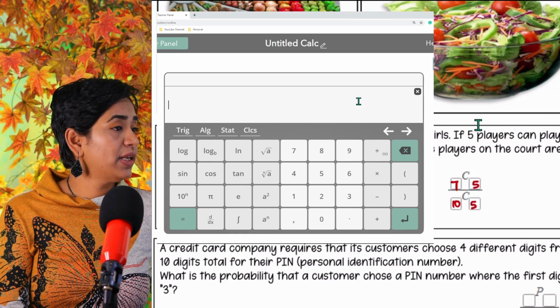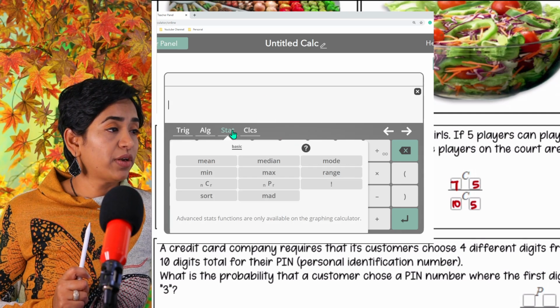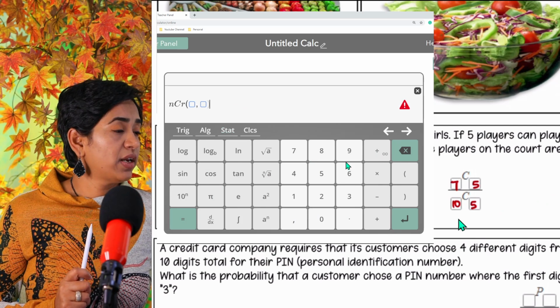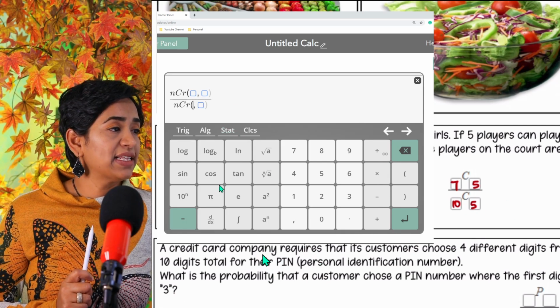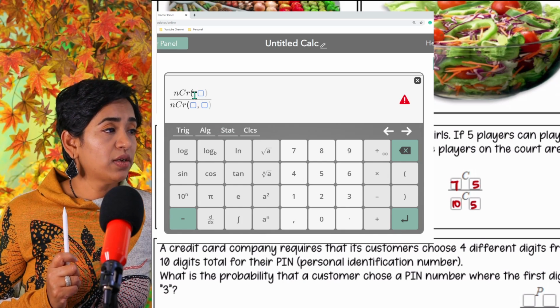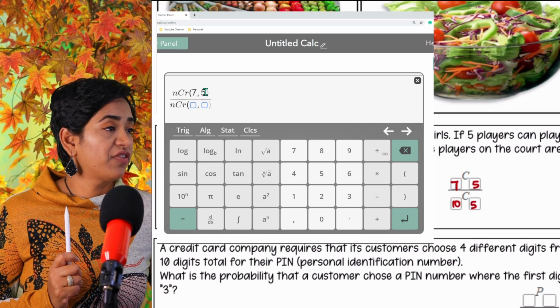As you can see, I'm going to go ahead, nCr, right, divided by another nCr. Now I'm going to plug in. What was the first one? 7 and 5.